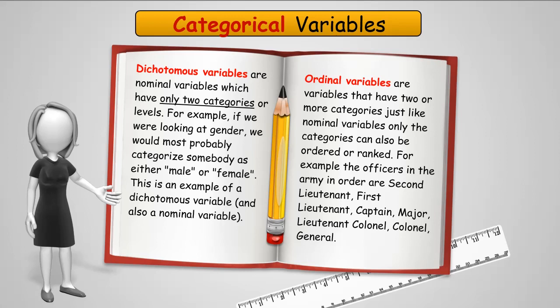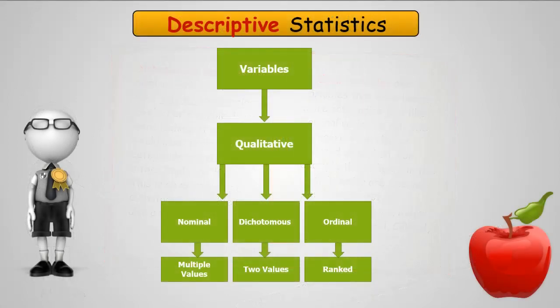For example, male, female, on, off, true, false, basically two values. Ordinal variables are very similar to nominal variables with one exception: there is an order to them. For example, military rank. You are a second lieutenant, then a first lieutenant, then a captain, major, lieutenant colonel, colonel, general, etc. There is an order to the ranks, and it's not alphabetical. So qualitative variables are broken down into nominal, dichotomous, or ordinal, and you can see they have multiple values, two values, or multiple values that have been ranked.